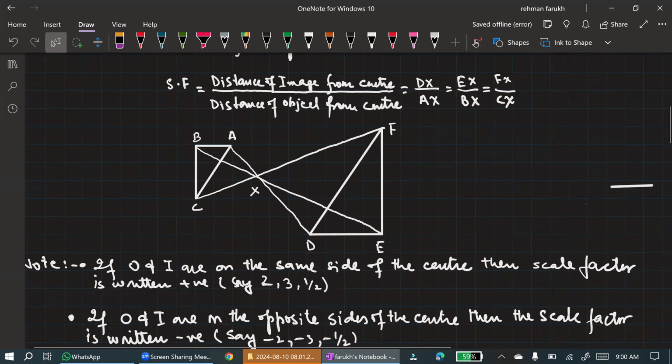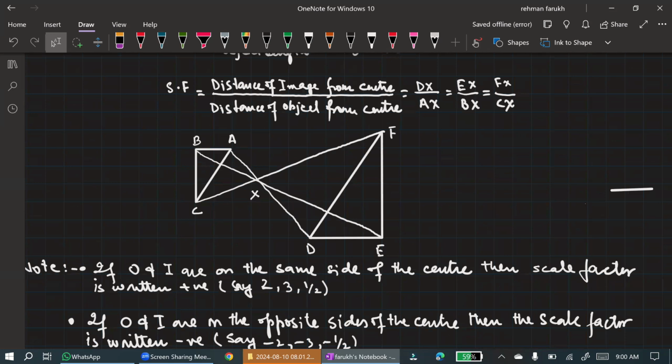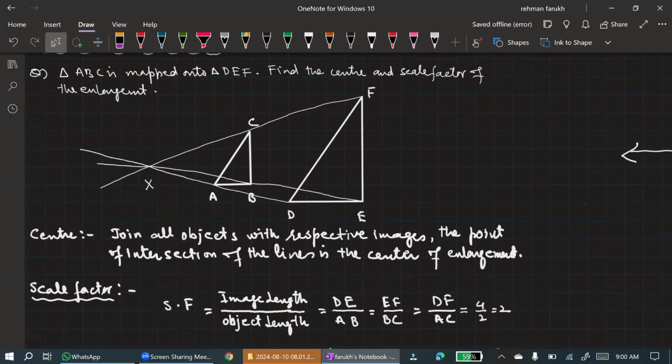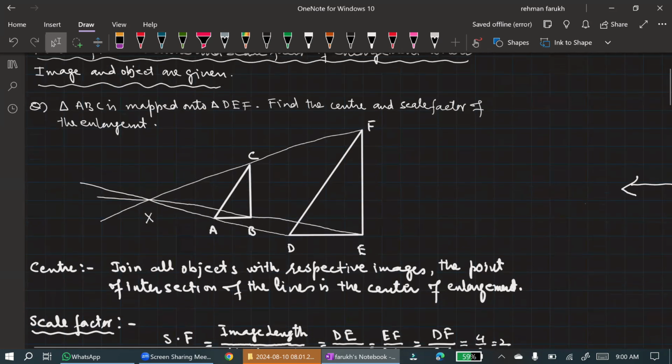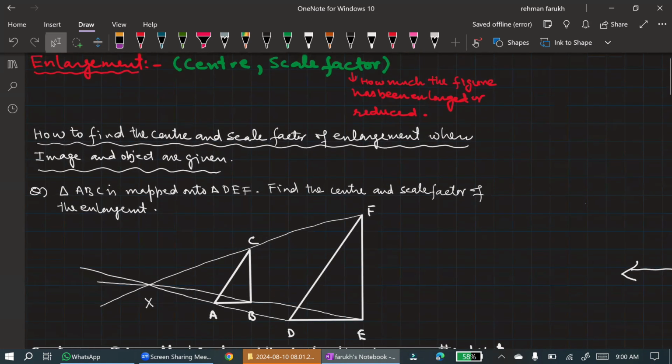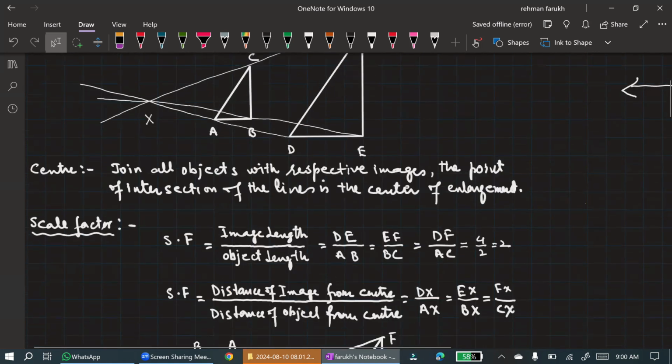You will also draw the AD line, BE line, and CF line with the help of ruler to find out the exact coordinates of the center. In this case, you will also join F with C and extend, E with B and extend, and A with D and extend with the help of ruler. If you use the ruler, then you will be able to find out the exact position of the center. Thank you very much.